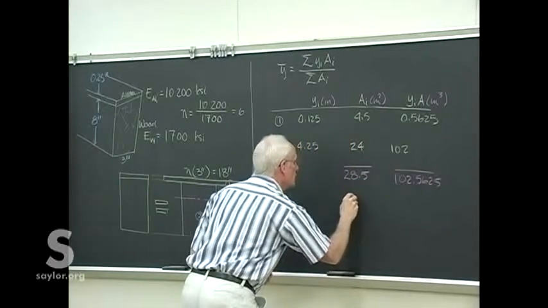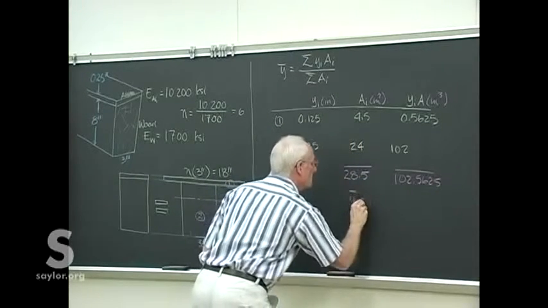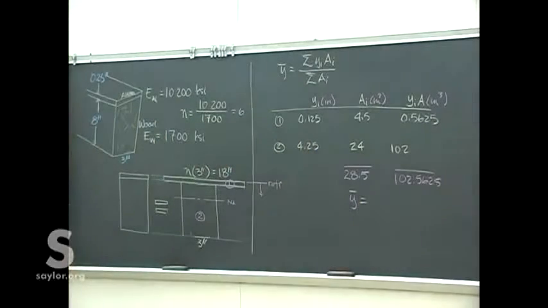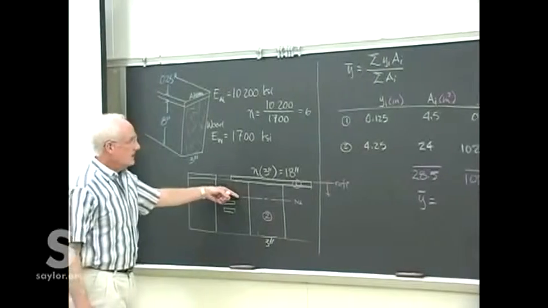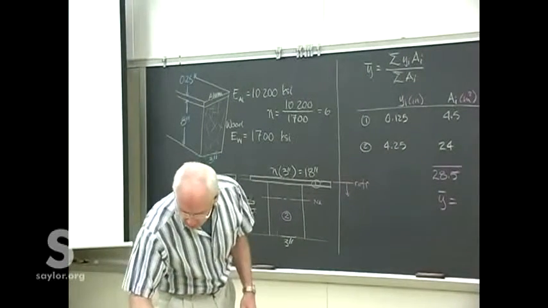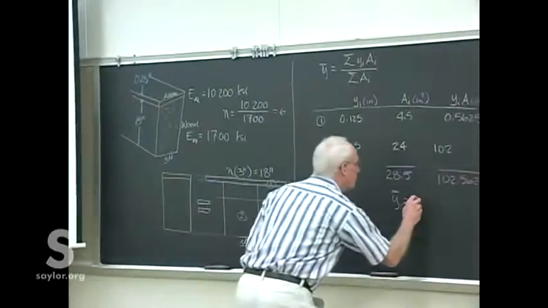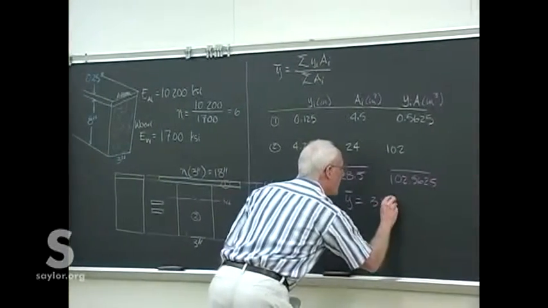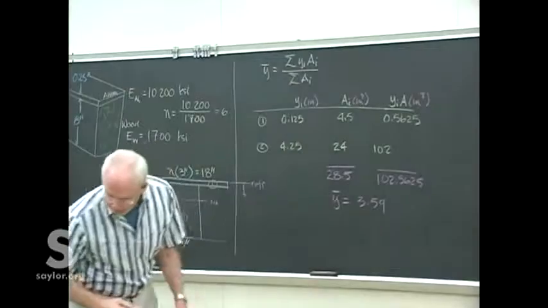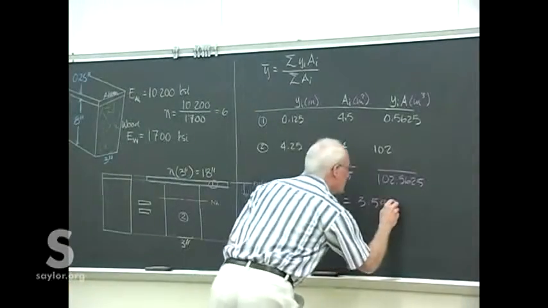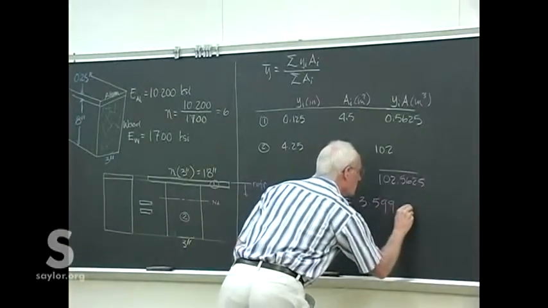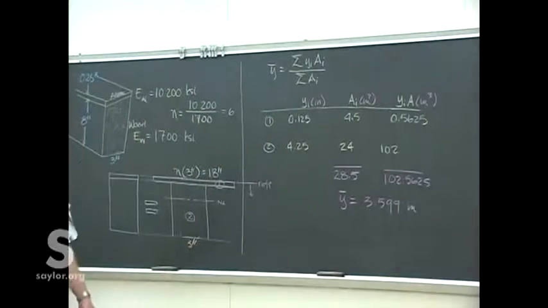And the neutral axis then is those two things divided. We figure it's got to be 2 or 3 inches down here. That looks like what it's going to be. Actually, it turns out to be 3.59. Doesn't hurt to carry a little bit extra significant figures.